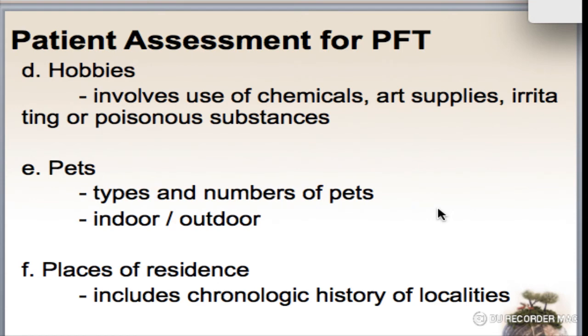We also consider in the patient assessment hobbies that involve the use of chemicals, art supplies, or irritating or poisonous substances, pets, and place of residence, including the chronological history of localities.